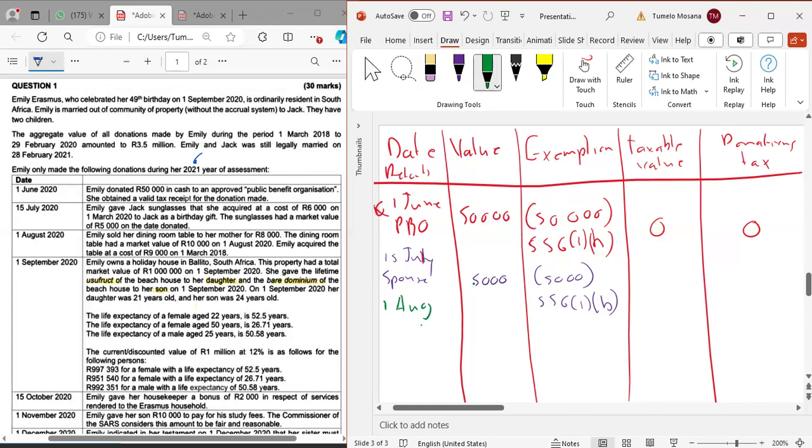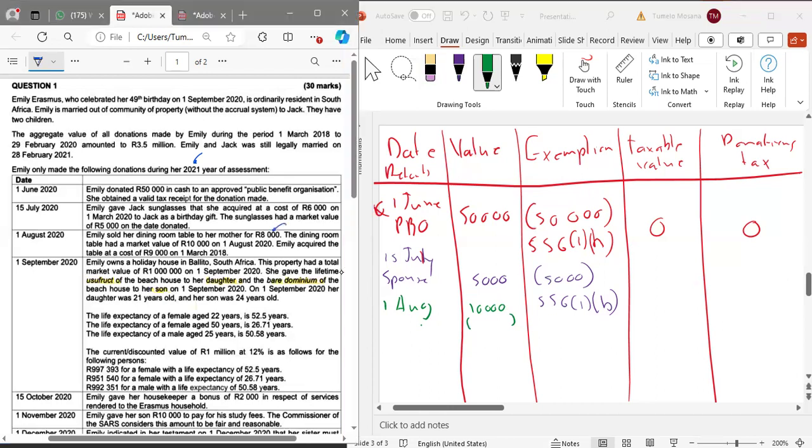So the value of this is 10,000, the market value. And then the exemption is, we have to remove the consideration received.